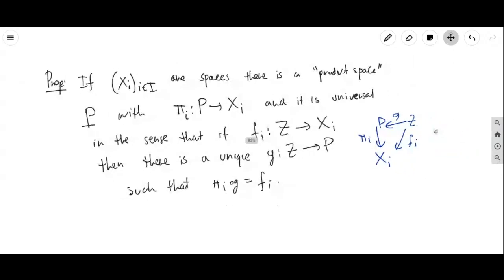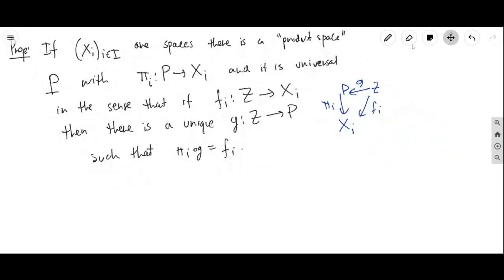Now, if you think of it as a Cartesian product, the reason why the topology is what it is has to do with the fact that you want these projection maps to be continuous.